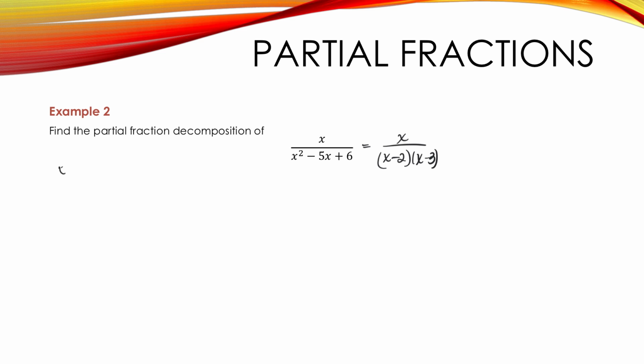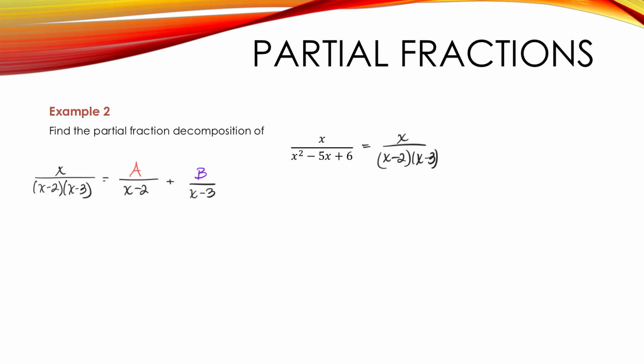So if I have x divided by x minus 2, x minus 3, that means my decomposition came from an x minus 2 term and an x minus 3 term. And so once again, our numerators will be A and B. Okay? So we're going to see what A and B could possibly be.